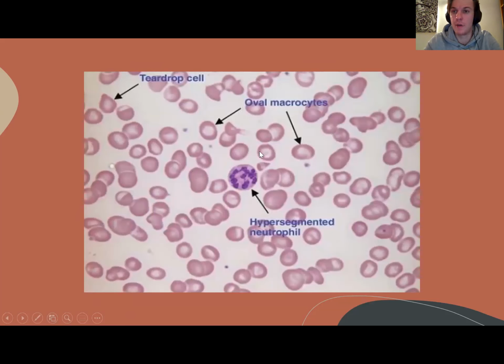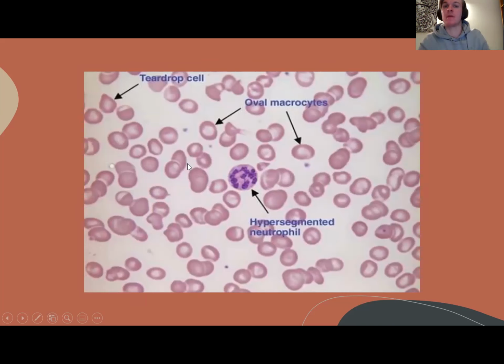So if you look here at a mature neutrophil, we've got probably 1, 2, 3 portions to the nucleus of this cell. Whereas if you look here, we've got 1, 2, 3, 4, 5, 6, 7, 8, 9, 10, 11, 12. There's loads of little portions of the nucleus of this cell, and the cutoff is more than 6 counts as hypersegmented.